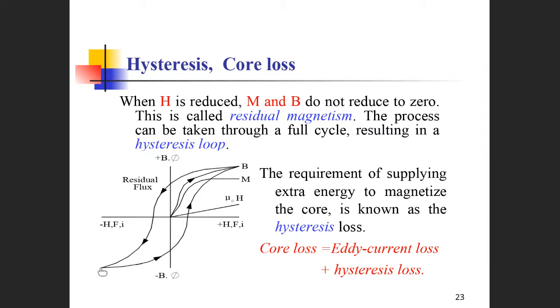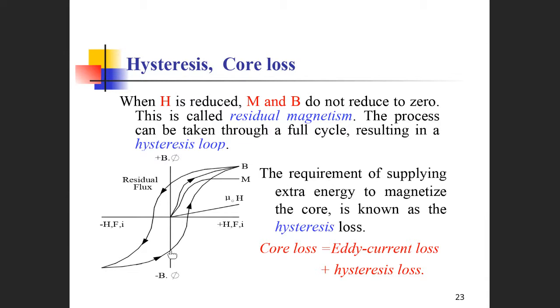Similarly, when you reduce the current in the opposite direction, the reduction of the magnetic field no longer follows the original increasing path. It follows a different path, as shown here.